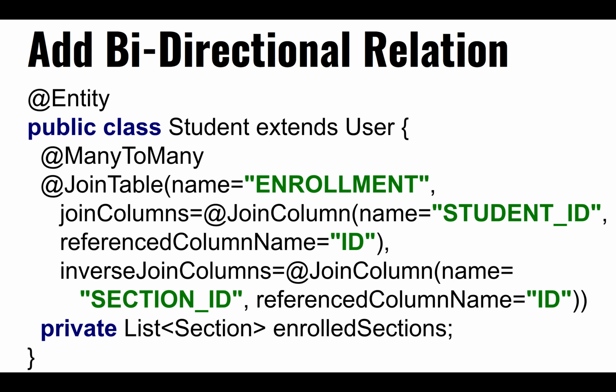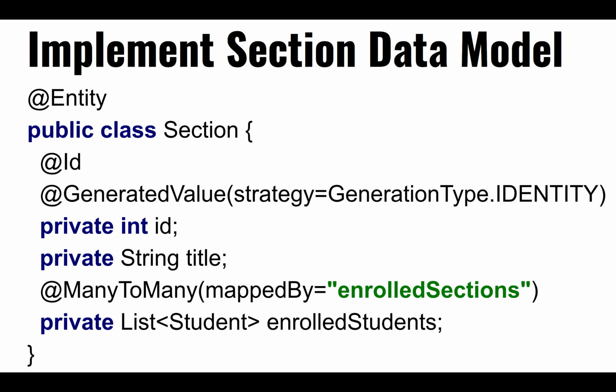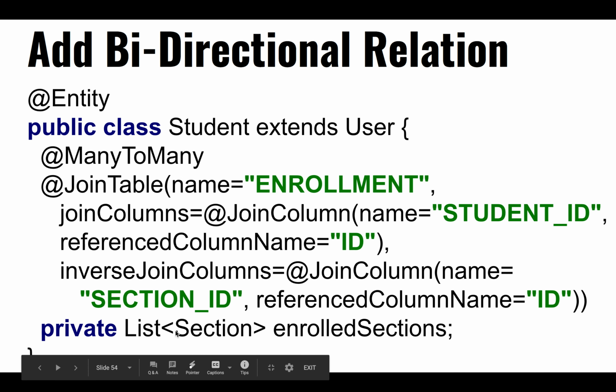Now, there's two things. If this is an association, this not only has the foreign keys, but it could have additional fields. If the enrollment doesn't have any other fields, you would only have a foreign key to the student and a foreign key to the section. That's all you have. If that's all you have, then the configuration is very easy. The section points to the students, and the student points to the section.